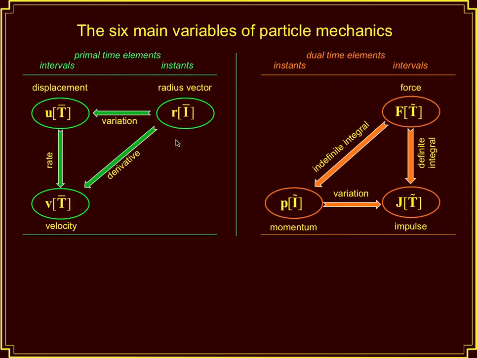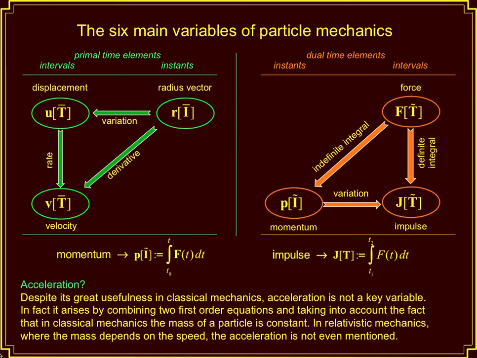As you see, the variables of one theory assume a precise position in the diagram on account of their meaning, and also on account of their time association. Momentum P is an indefinite time integral of force. Impulse J is a definite time integral of force.